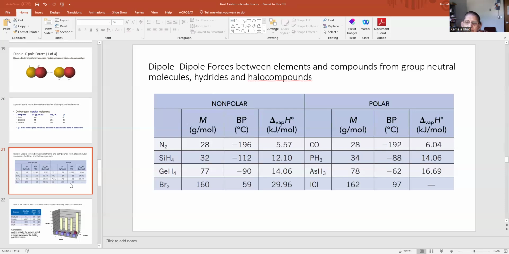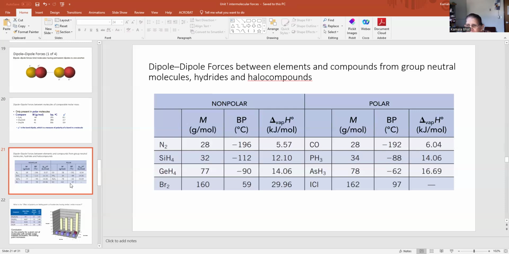And when we compare, silane is from group 4, phosphorus is from group 5, carbon is group 4, nitrogen is group 5. And so you can see the variation of the enthalpy of vaporization as the molar mass increases. Even though they are comparatively the same, GeH4 is 77, AsH3, arsenic hydride, is 78.